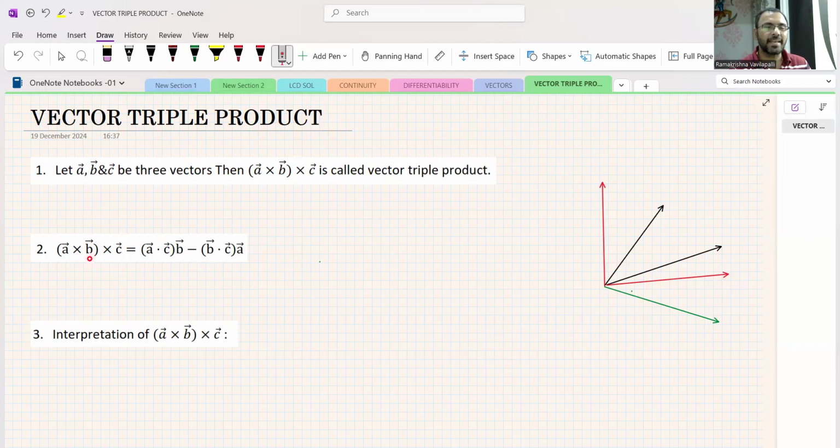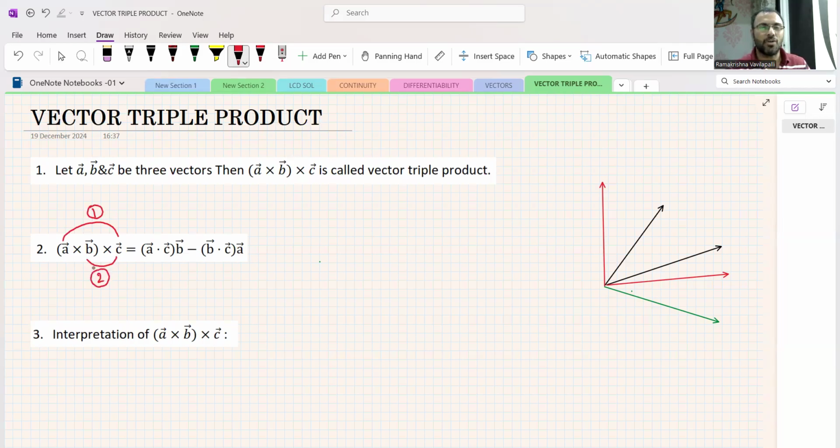And next the nearest, B dot C, into A bar. So remember that first you have to take A dot C, this is 1. Minus, next you take B dot C, this is 2.